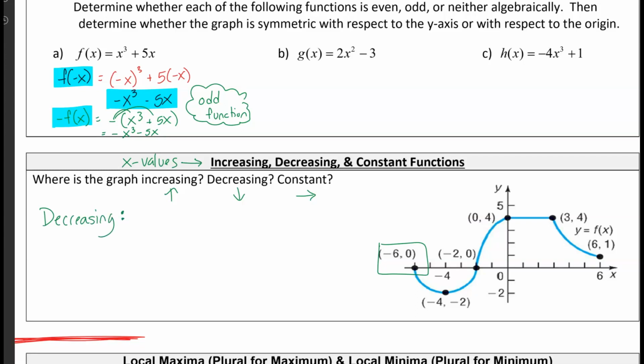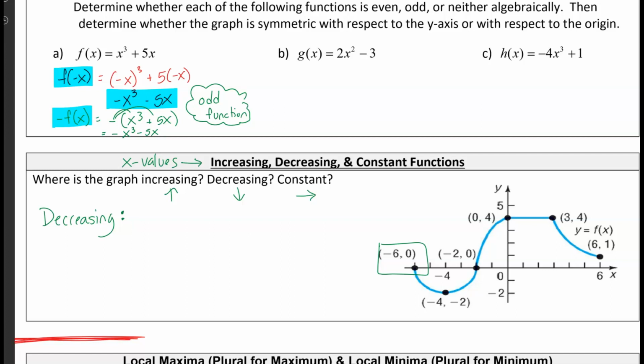Now, if I ignore everything else about this graph and only focus on a single point, can you determine from a single point whether you're going up, down, or remaining the same? You cannot tell. A good way to think about this is time, right?